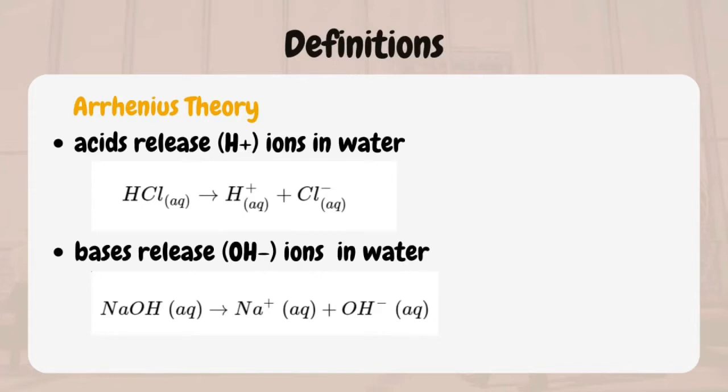Meanwhile, an Arrhenius base is a compound that releases OH- ions when added to water. The dissociation is represented by the following equation. In this reaction, sodium hydroxide dissociates into sodium and hydroxide ions when dissolved in water, thereby releasing OH- ions into solution.